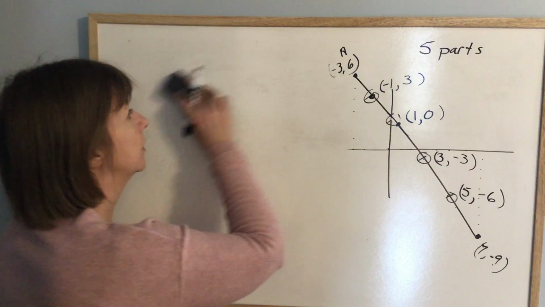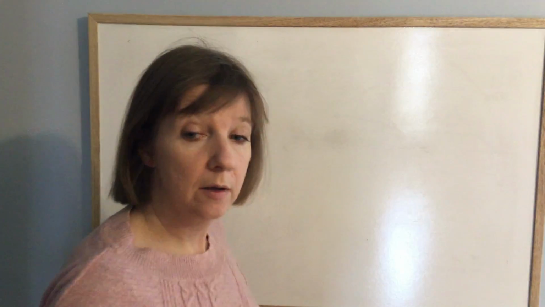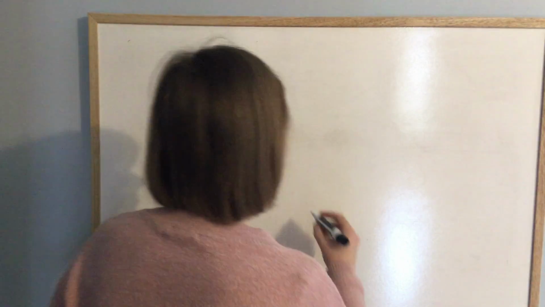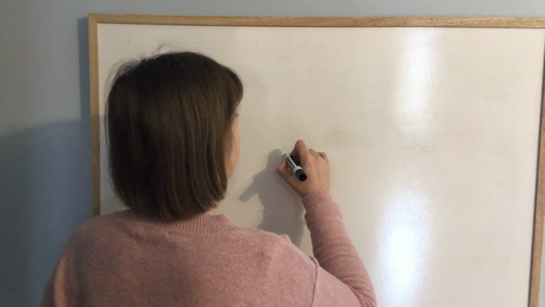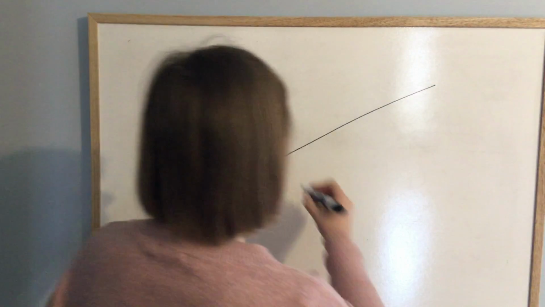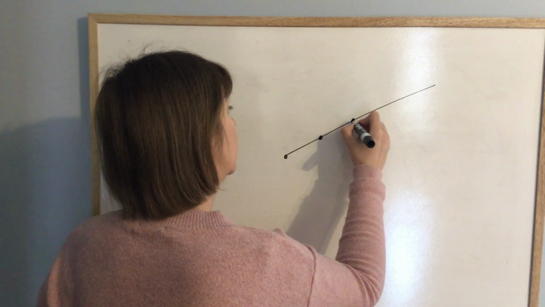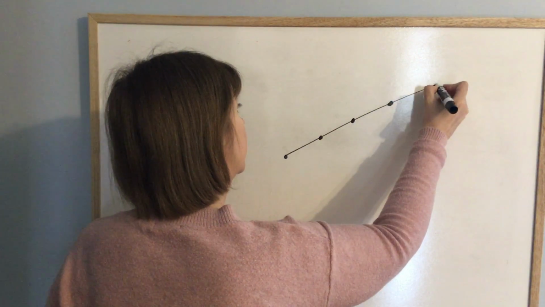Example number 2. Example number 2 says you have a ski lift and it has 5 equally spaced support towers. There is a picture there where we have 1, 2, 3, 4, 5.